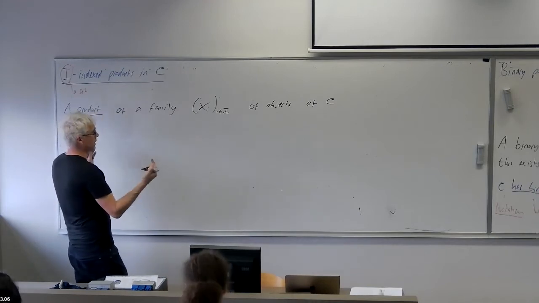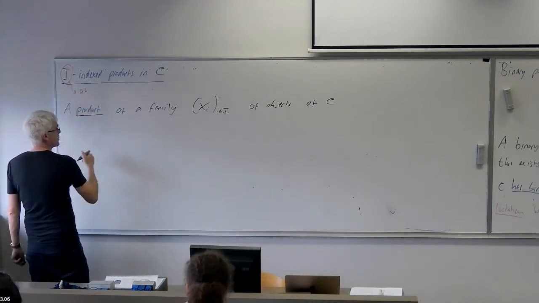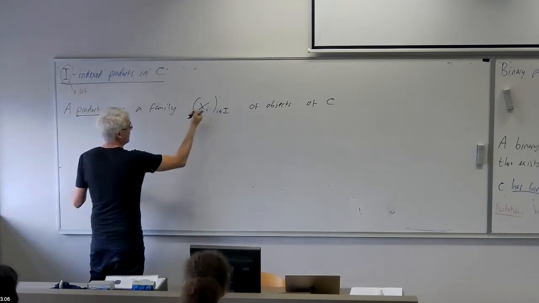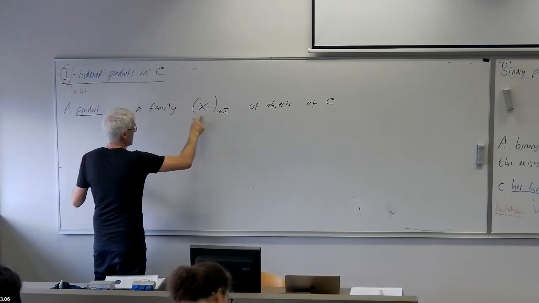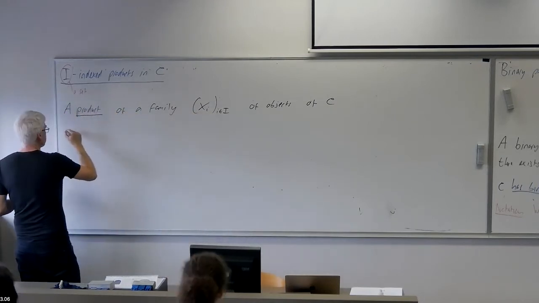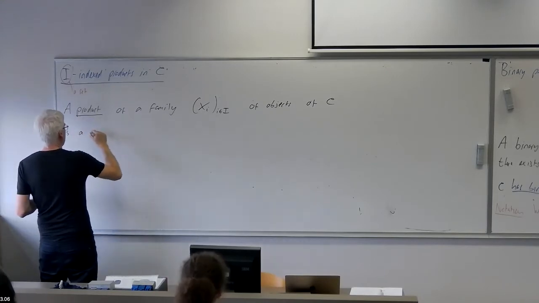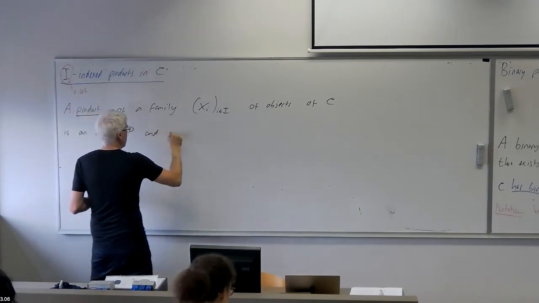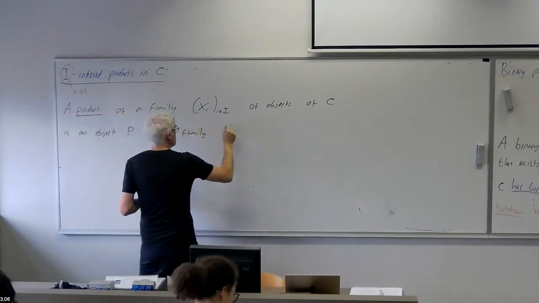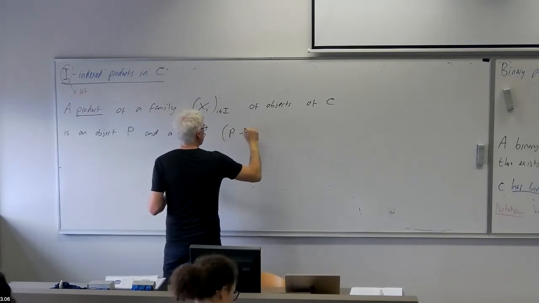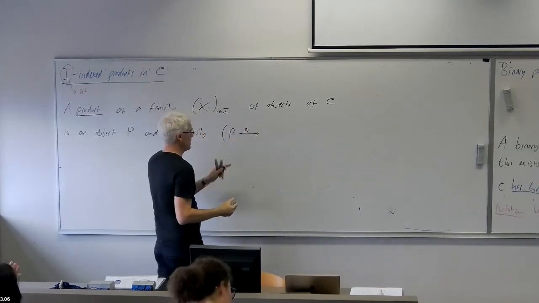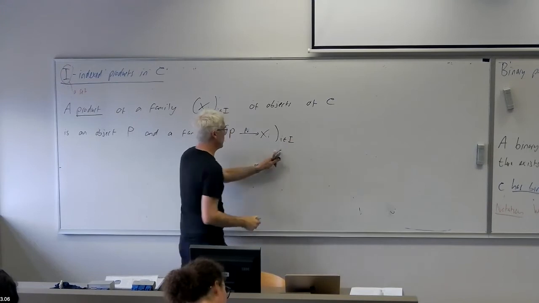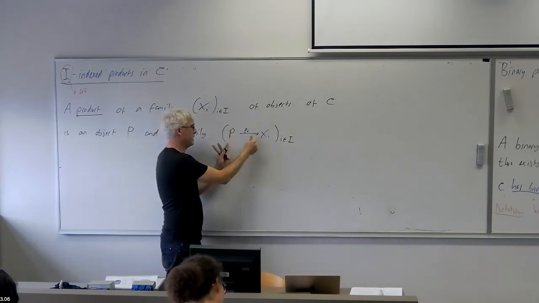So a product is again a cone. So what's a cone now? Well, it's again an object P and a map from that object into every object in this family. So it is an object P and a family of maps, which I'll call little p sub i, one for every object in the family, a map from P into that object.